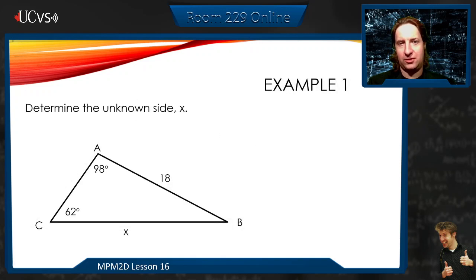So let's say I have this triangle ABC. I know two of the angles, which actually means I can calculate the third one, but don't worry about that for now. So I have 98 over here, 62, and I have 18, which notice is opposite of angle C. So 18 is actually lowercase c.